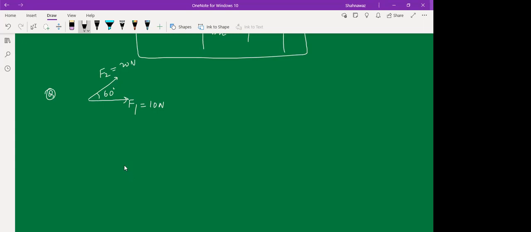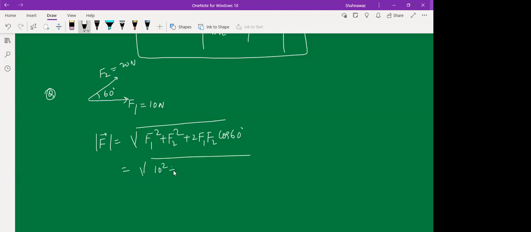You already know that the magnitude of the resultant would be the square root of F1 square plus F2 square plus 2 F1 F2 cos 60. So this would be 10 square plus 20 square plus 2 into 10 into 20 into cos 60, which is 1 by 2.